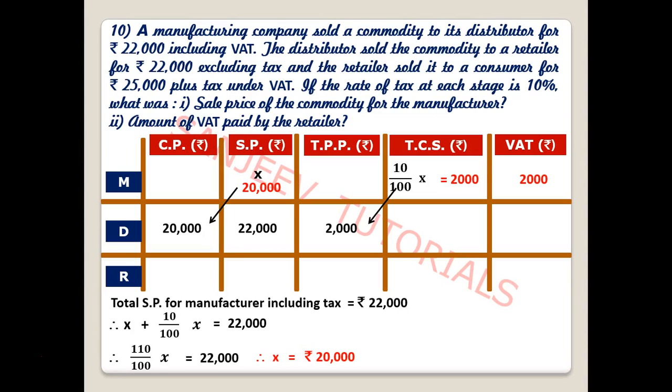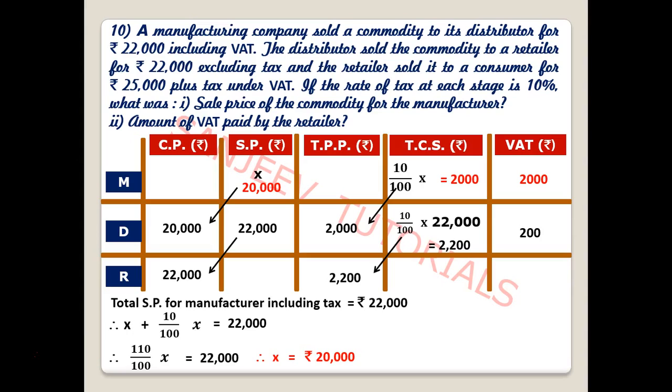And this is also the cost price for the retailer. For dealer, tax collected on sale is 10% of 22,000, that is 2,200. And this tax is collected from retailer. So VAT paid by dealer is 2,200 minus 2,000, that is 200 rupees.